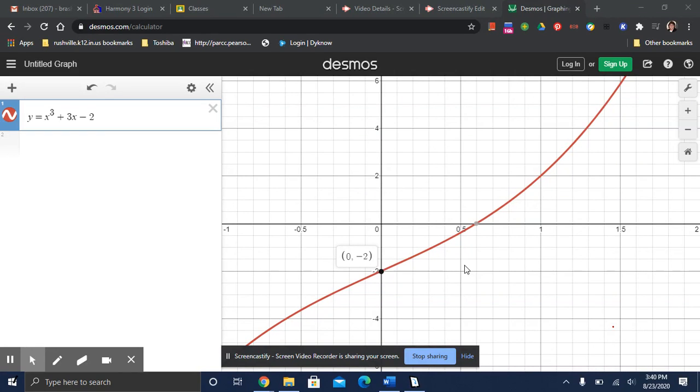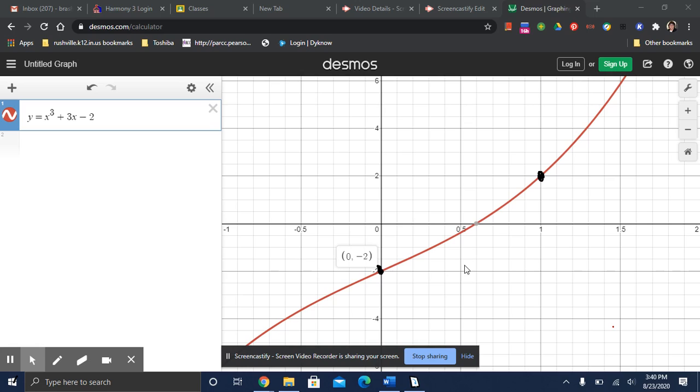So if we take a look at this graph using Desmos, we have your equation y equals x to the third plus 3x minus 2. And I wanted to show you, so we found that f of 0 turned out to be negative 2, that f of 1 turned out to be positive 2.